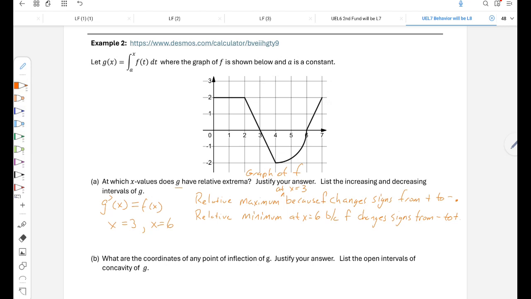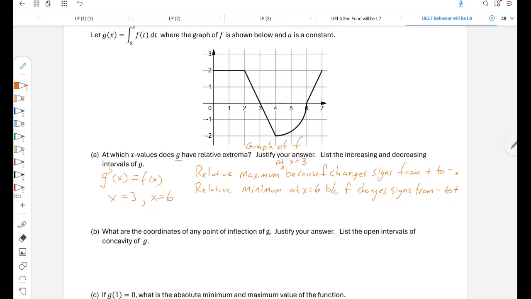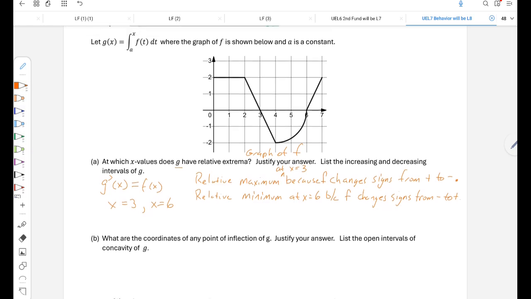And then it's the same question asking about increasing and decreasing intervals versus relative mins and maxes. The numbers that you're going to write are going to be 3 and 6.